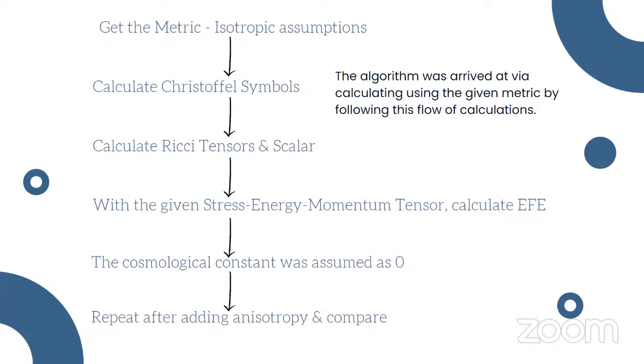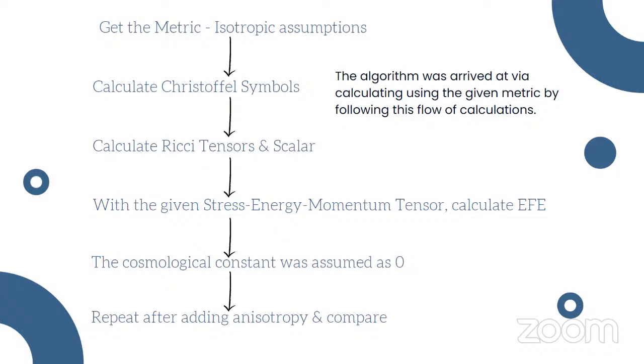Please remember that our aim was to generate an algorithm to model anisotropic neutron stars, but we begin with isotropic assumptions and calculate Christoffel symbols, Ricci tensor and Ricci scalar. Like Debadyuti mentioned, I will be showing the various formulas in the project report after this presentation.